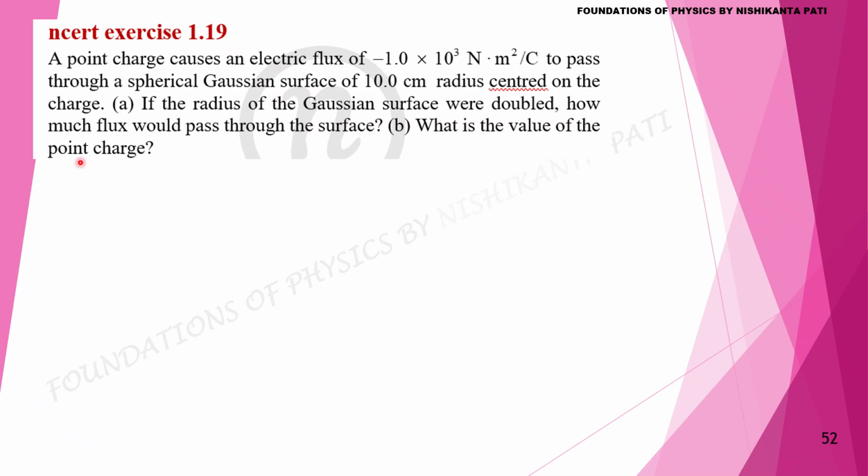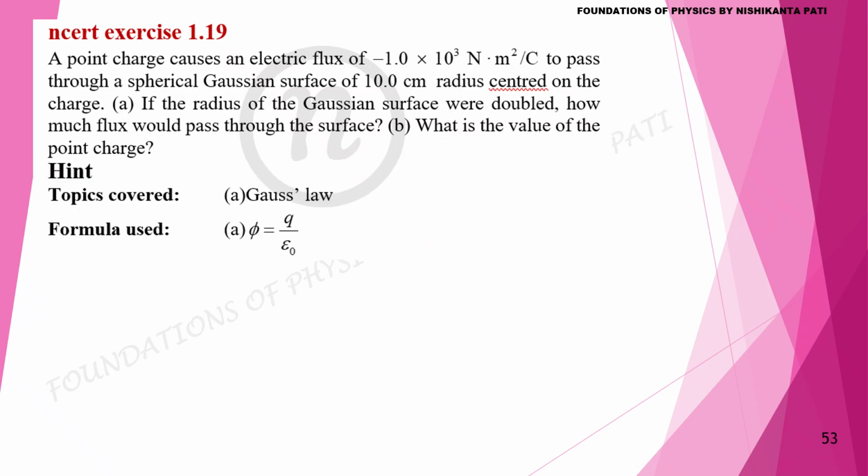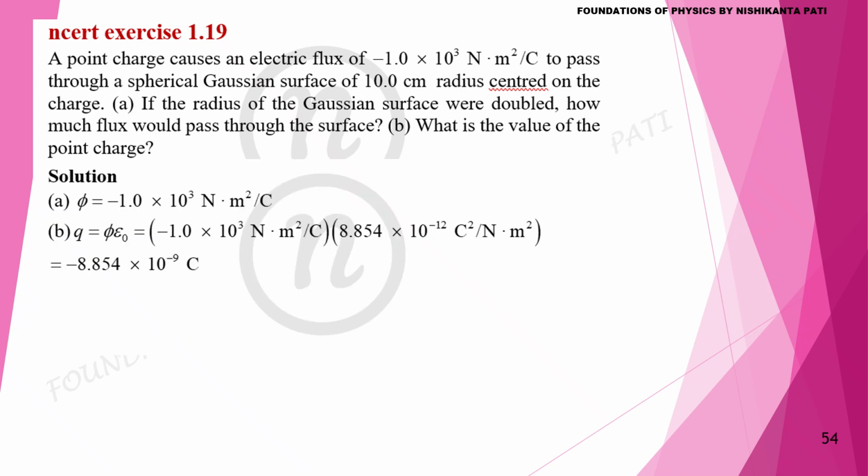What is the value of the point charge? The flux is this much, the charge is flux into epsilon 0. Epsilon 0 you know, flux is this much, this is the charge.